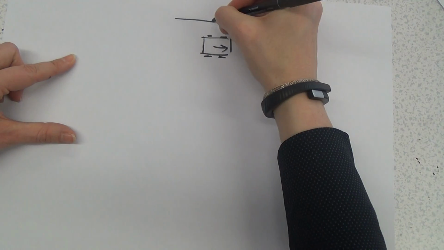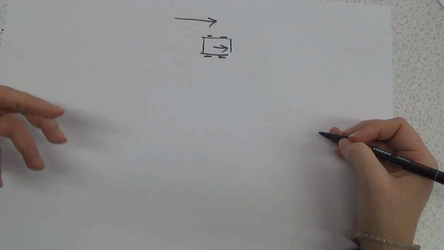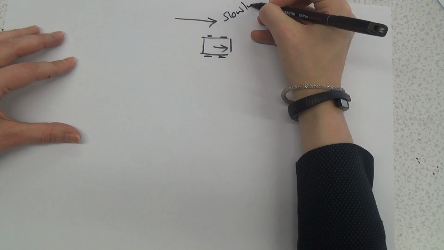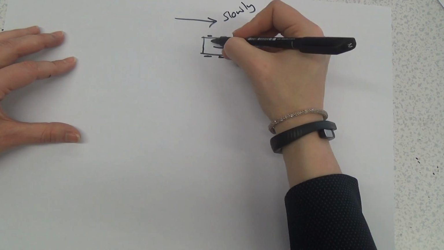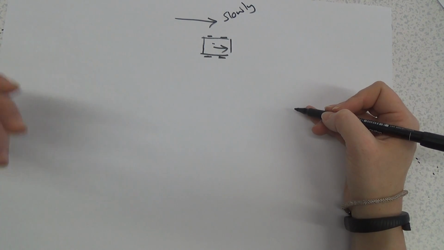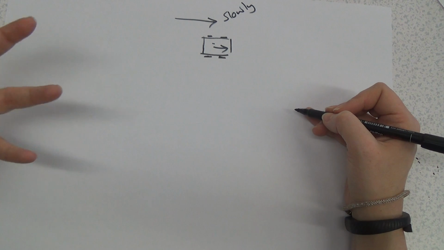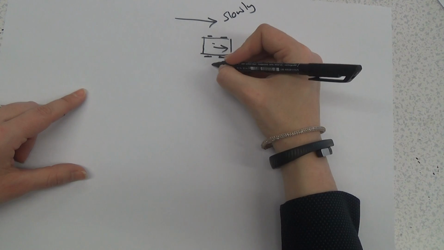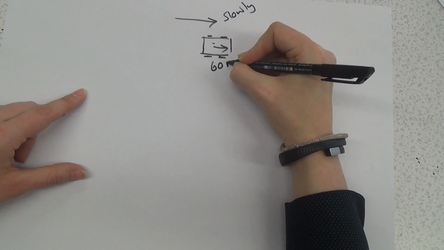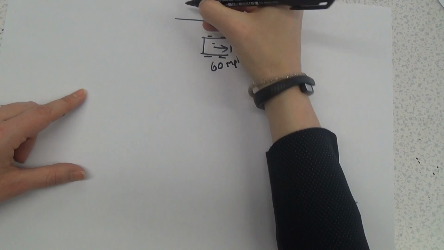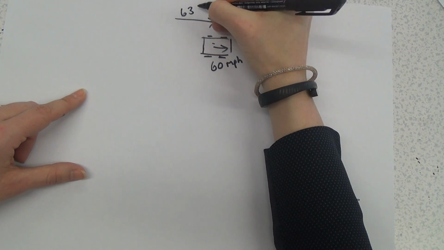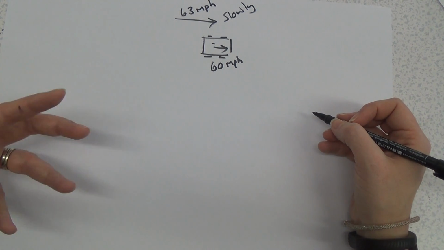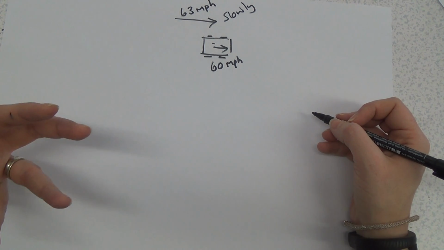If a car overtakes you, the car will appear to be moving fairly slowly from your perspective of you being in this vehicle here. So as you watch it overtake, it'll appear to go relatively slowly compared to you. Let's say, for example, you're actually going at 60 miles per hour and the vehicle overtaking you is just going slightly above you at 63 miles per hour. Okay, so it will feel like the overtake is relatively slow.